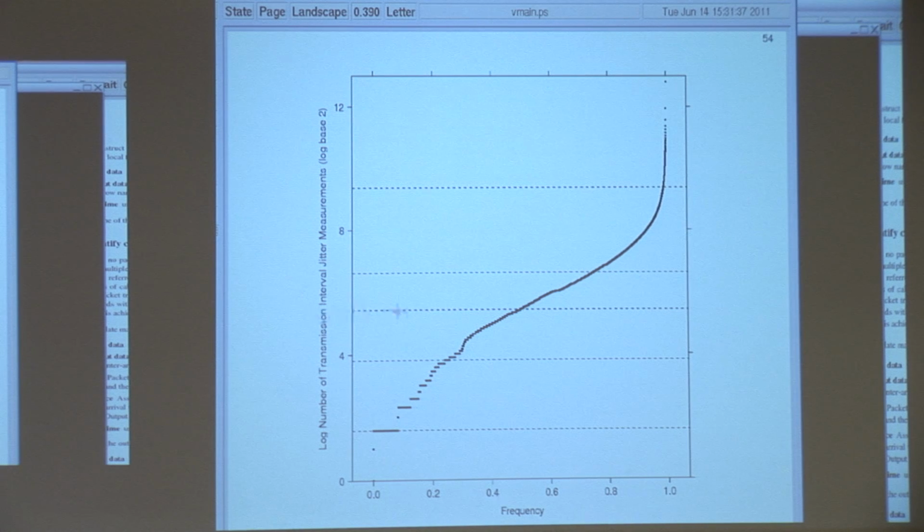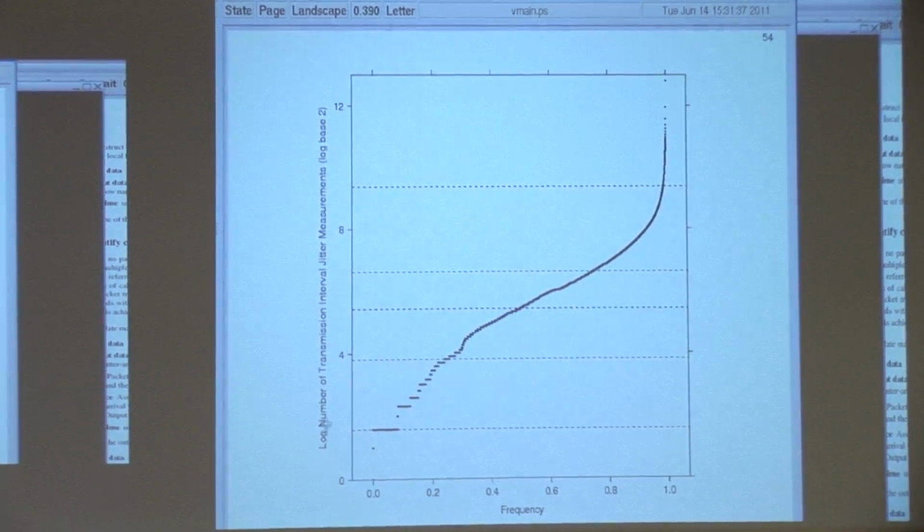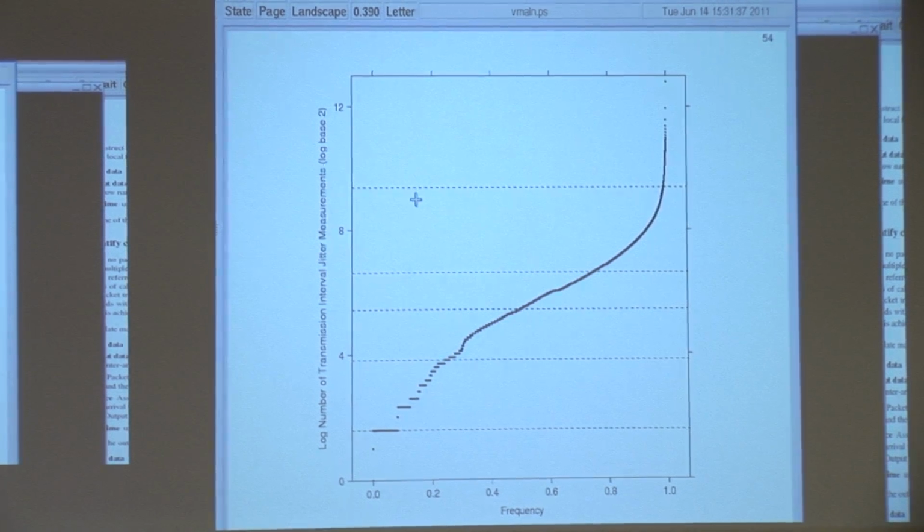So I go here. This is actually the median right here, because that's at 0.5. So we draw that line showing the median. This is the upper quartile, and this is the upper 99% point. Here's the lower 1% point, 25%, 50%. So this shows you the number of transmission interval measurements, on a log base 2 scale.